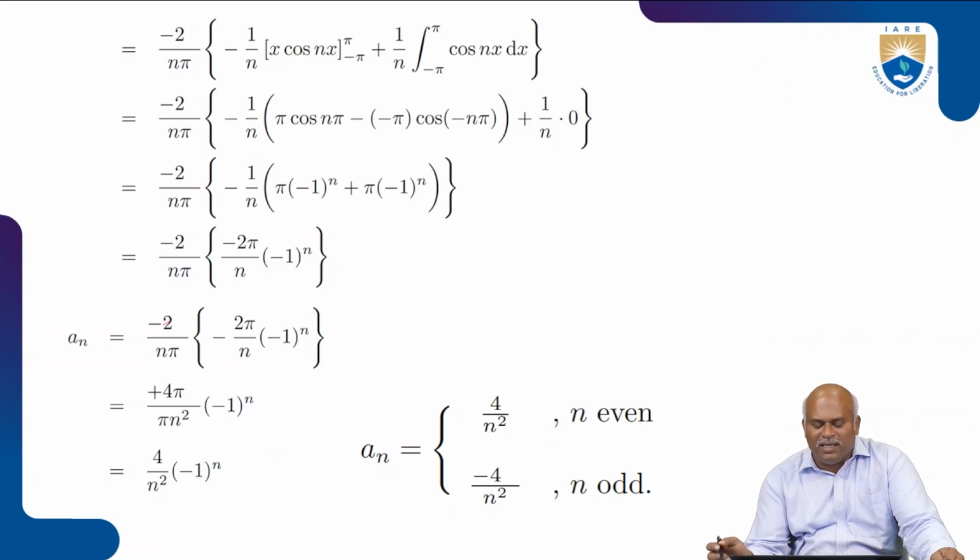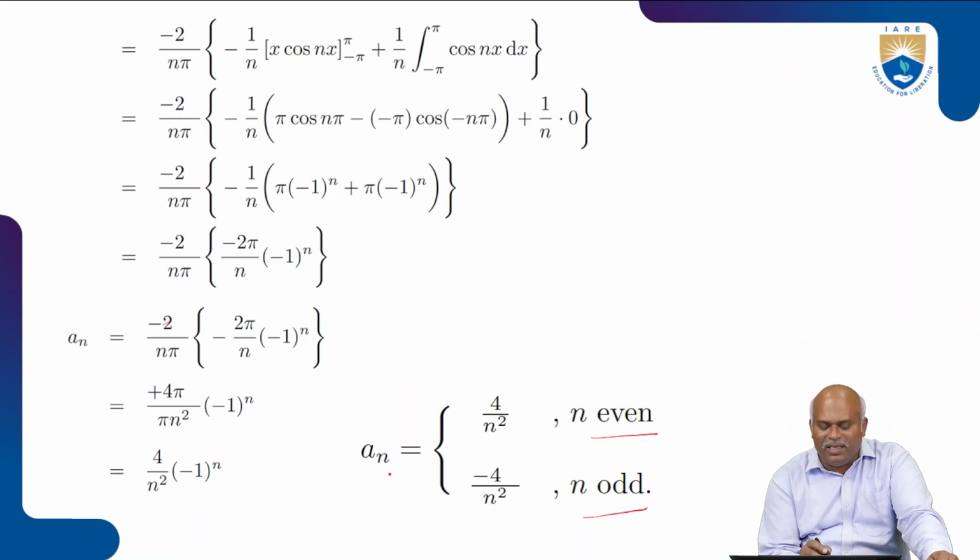In this case we have n even as well as n odd. When n is even, a of n is 4 by n square, but when n is odd, it is minus 4 by n square.